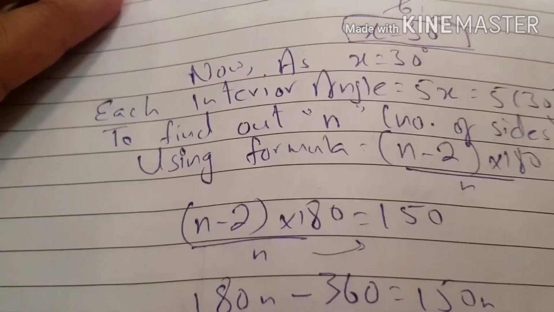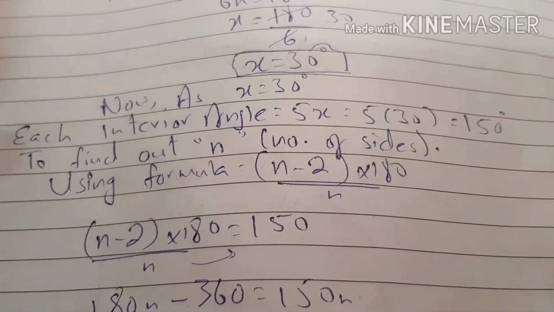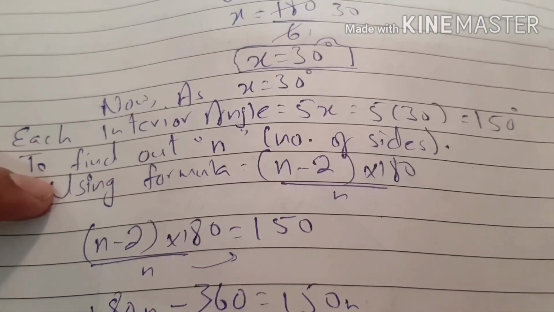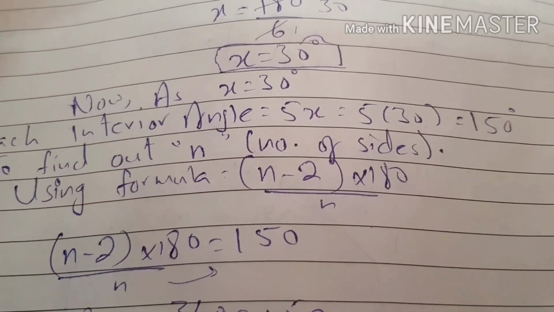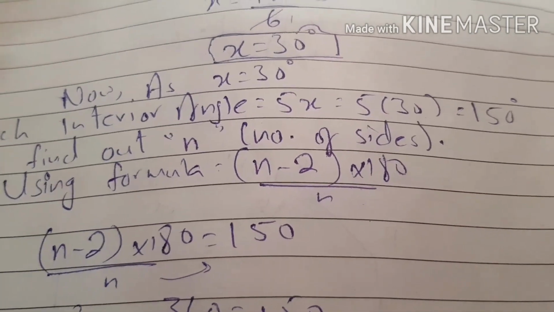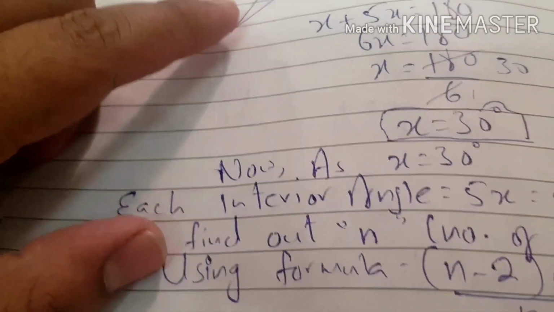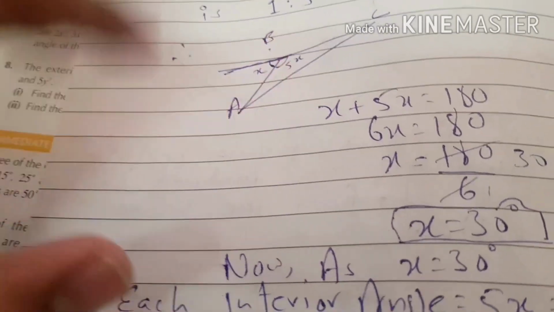Now since we have found the interior angle, which is 150, we use the formula for the size of each interior angle to find the number of sides, because since this is a regular polygon, whatever the size of this interior angle will be the size of every interior angle.